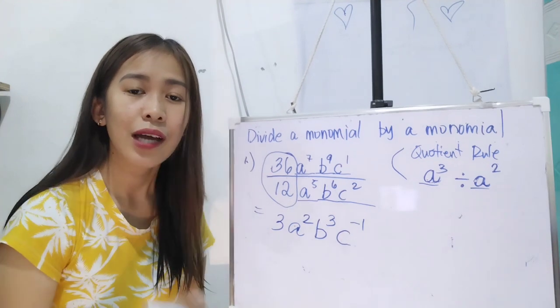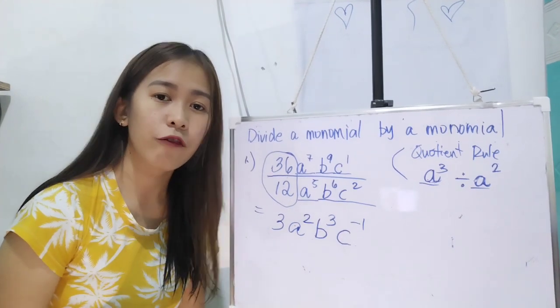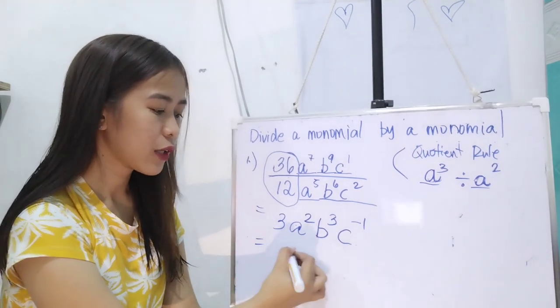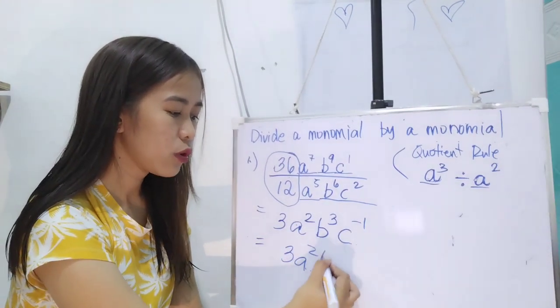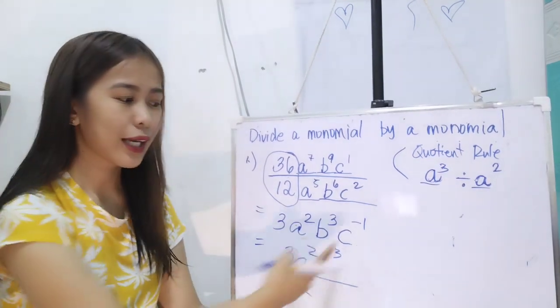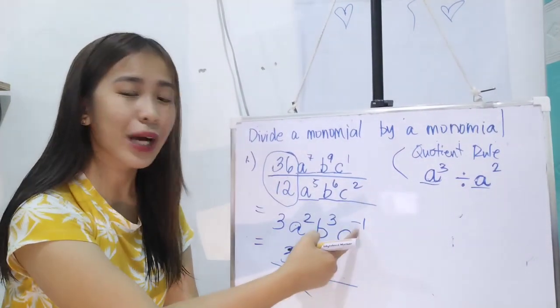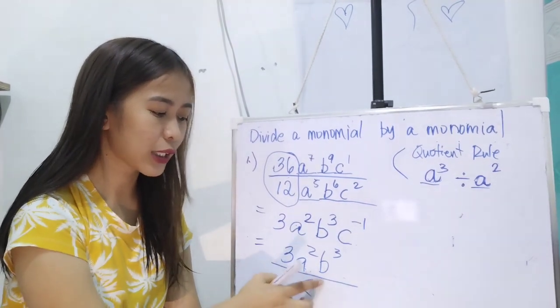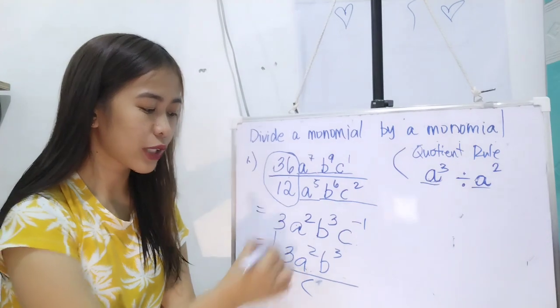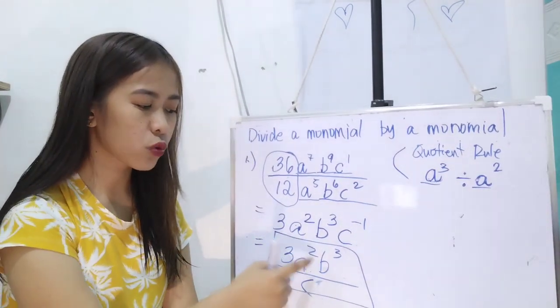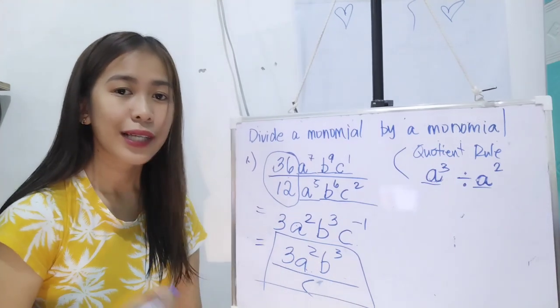Kasi kailangan natin ma-eliminate yung negative na exponent. Okay? Therefore, we have 3a raised to 2, b raised to 3 over c. Kailangan mong ibaba si c para maging positive yung exponent. Positive 1 na yan. And automatic, hindi na natin yan ilalagay. Therefore, that would be the final answer. 3a raised to 2, b cubed over c.